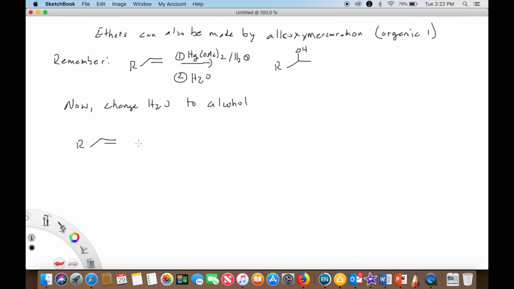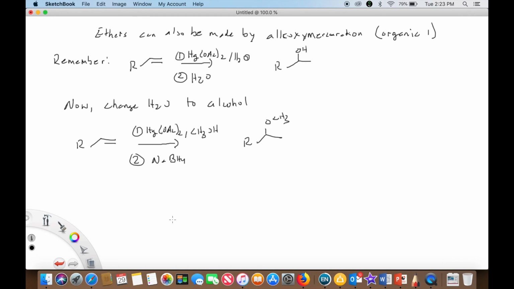But if we change the water ingredient, which should not be on number 2 above, right, that should be sodium borohydride. If we change that to mercury acetate and then an alcohol, so let's just use methanol, and then add sodium borohydride, we see that we can in fact get Markovnikov addition of the alcohol, which forms the ether that we need, right?